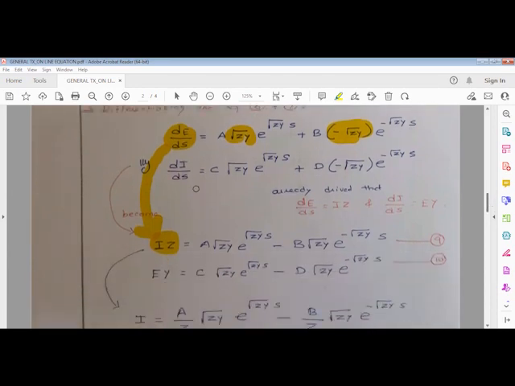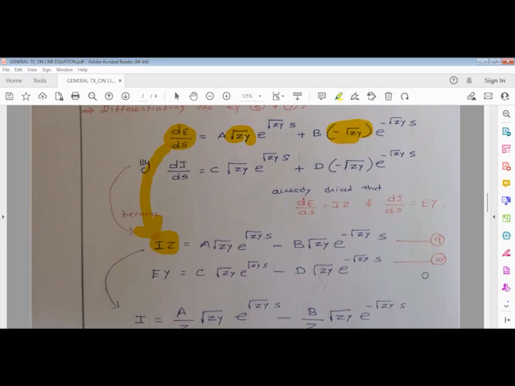Now we already have the value for dE by ds, it is I into Z. Substituting here, the equation becomes I Z equal to A into root of zy into e power root of zy s minus B into root of zy into e power minus root zy into s. Likewise it is considered for the voltage and current.